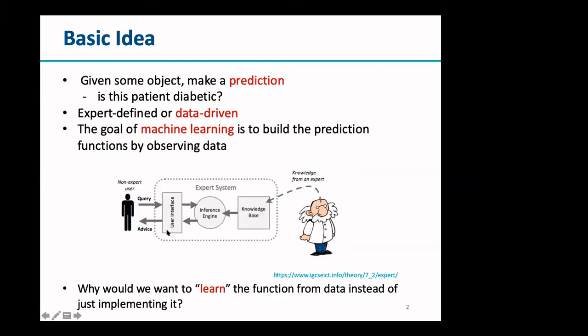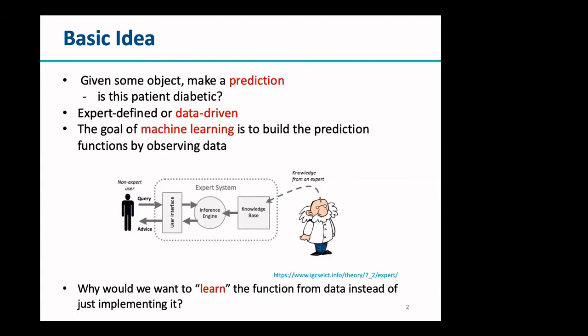For providing this advice, we need an inference engine. For example, you use rules with some inference mechanism or inference methods for extracting new knowledge from the existing knowledge based on logic. So this inference engine can extract the suitable knowledge from the knowledge base.